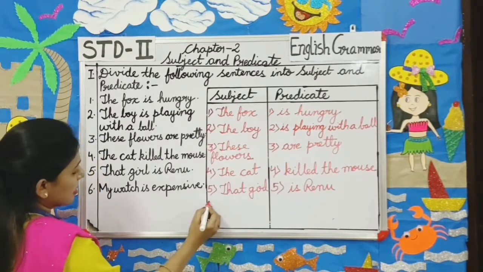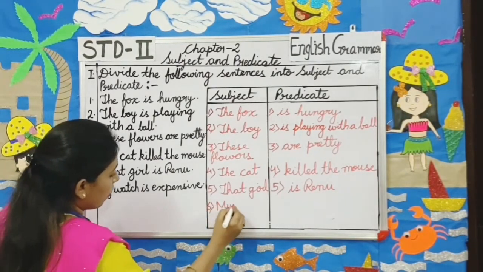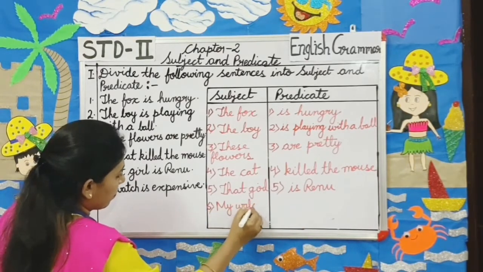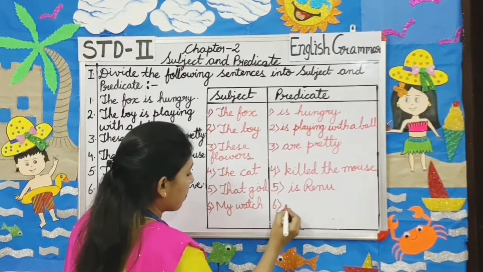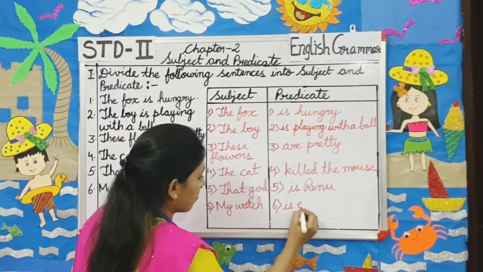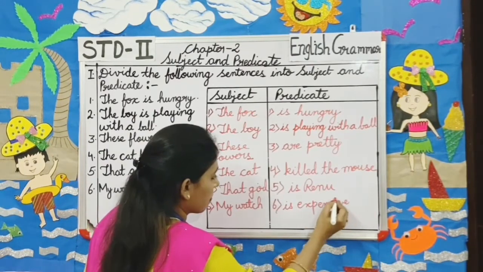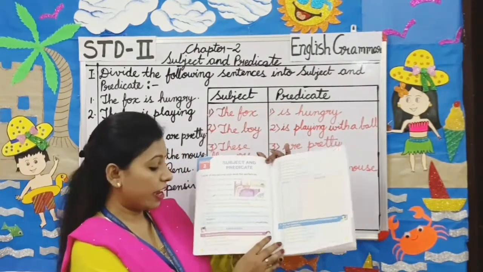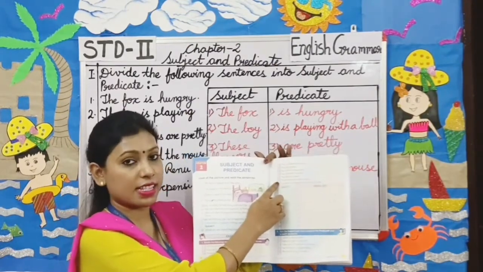So what is the subject over here? Yes, my watch. And is expensive is the predicate. In the same way, you are going to do the rest of the questions of this exercise.